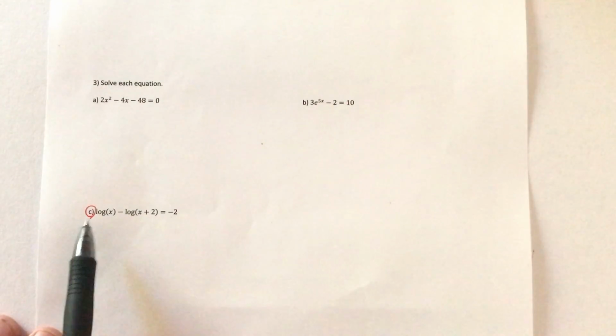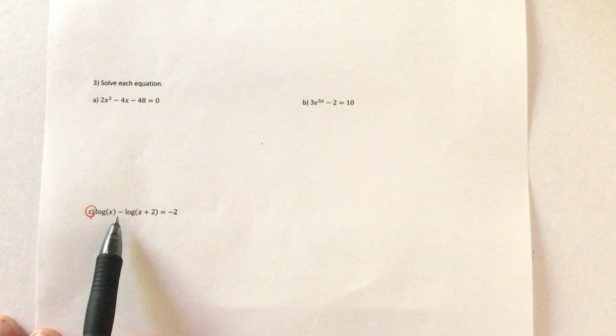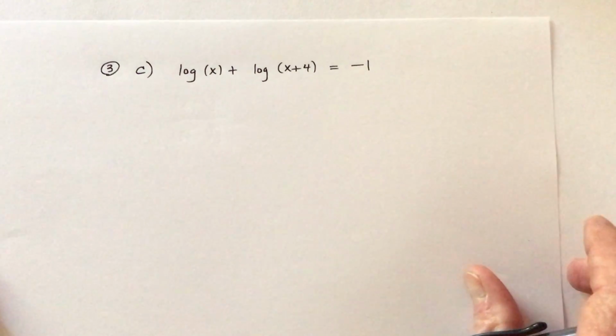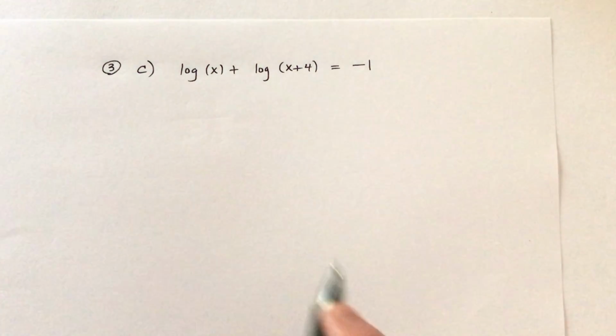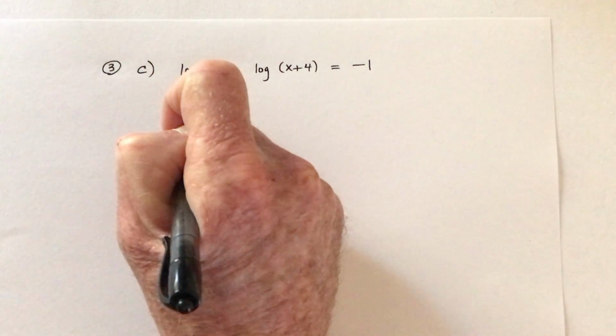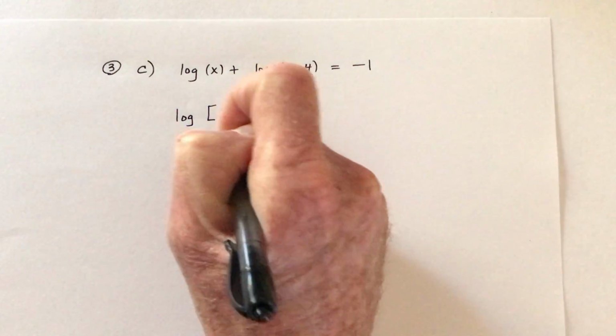So the next one I circled was the logarithms. I'll do one similar, but I'm going to change this to a plus instead of a minus. Just change it slightly. The first thing to do is when you have two logarithms that are being added together, you can change that into one logarithm as long as you multiply the two arguments.